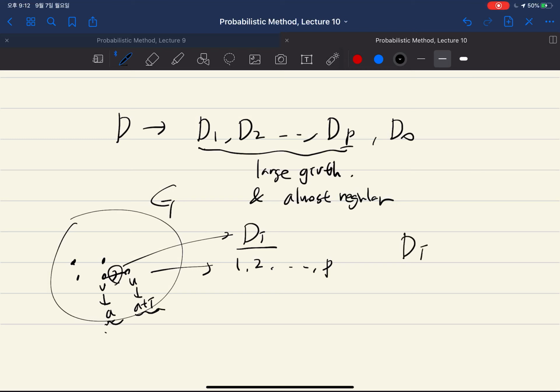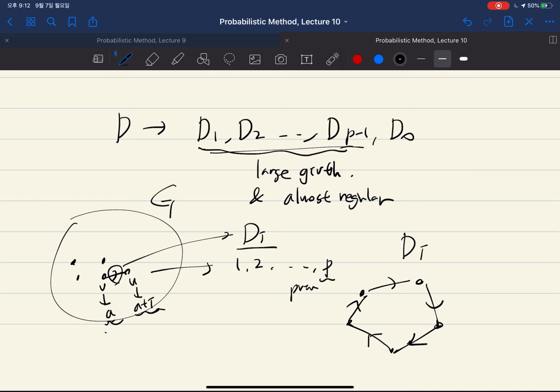Then in Di, if we have a cycle, let's say P is prime, and we decompose into T1 to T(p minus 1).